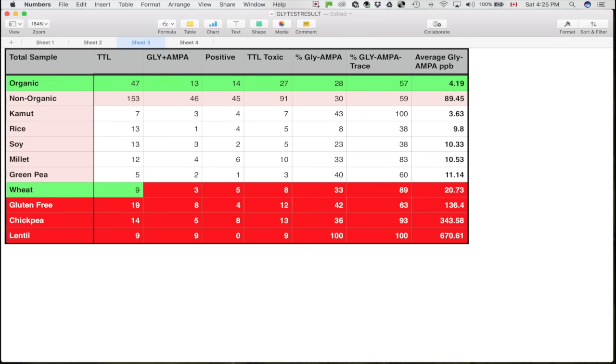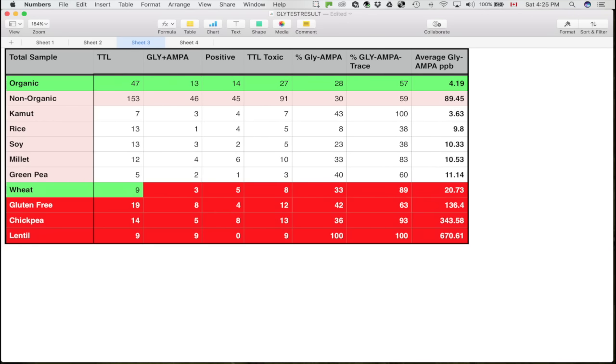All 9 of them. And in spite of that, 8 out of 9 have either measurable or trace amounts of glyphosate, and a pretty high quantity at that. Only 1 out of the 9 organic wheat samples actually had no glyphosate.